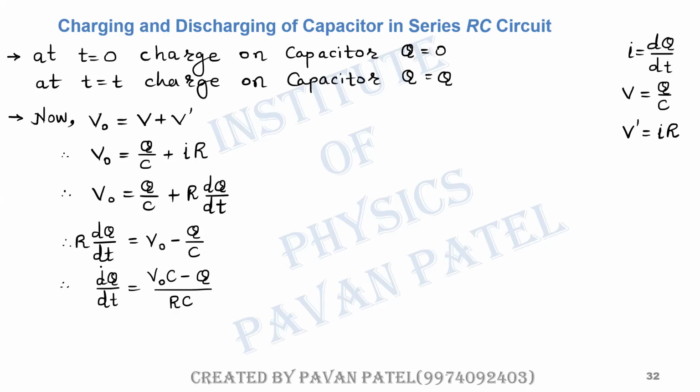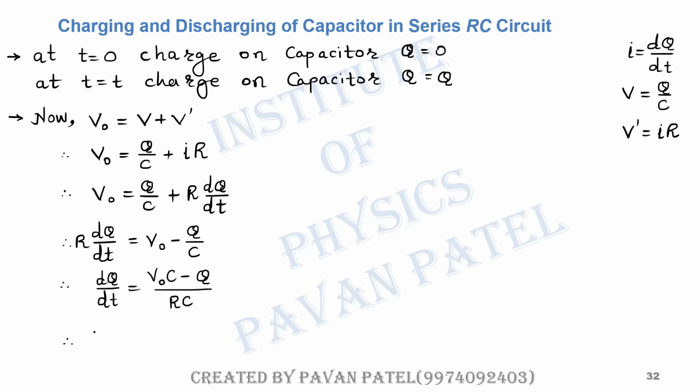Okay, now dq, V0 C minus Q को एक साथ ले आते हैं. dt सामने ले जाएंगे. So we are just separating the dq because the variables are q and t. Q is a charge which is changing with respect to time. So time change होगा उसके according q change होगा, right?